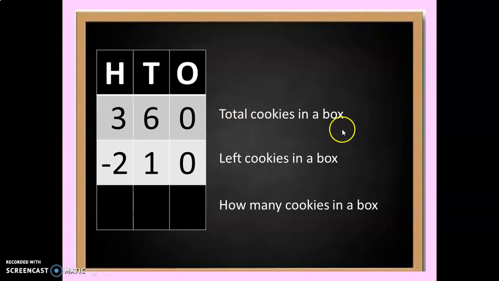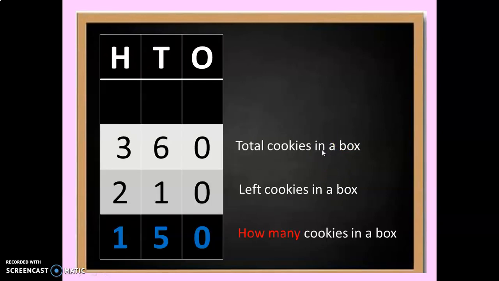Total cookies in a box, left in a box, and how many cookies he had given to his friends from the box. So we have to remember all these things. Now in ones there is a 0. 0 minus 0 is again 0. We all know if you have no cookies and you don't want to give any cookies, so the answer will be 0 only. Nothing will be left.